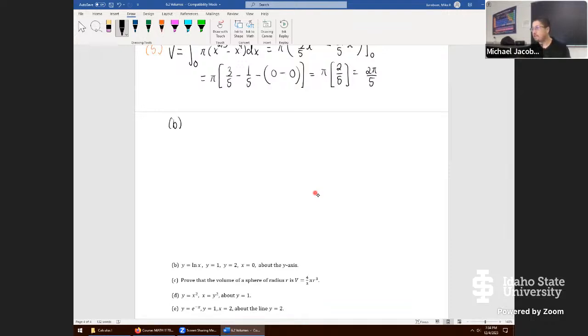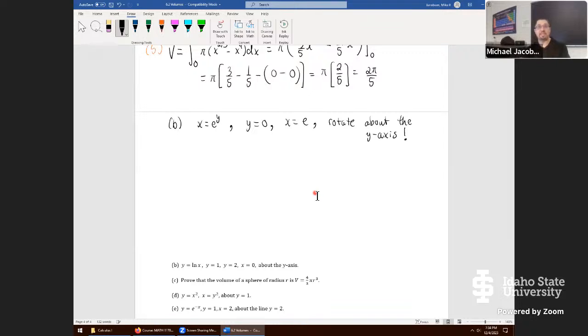Part B is going to be a function x equals e to the power of y, y equals 0, x equals e. And here it says we're going to rotate about the, well, we hope it says x-axis, but this one says y-axis.